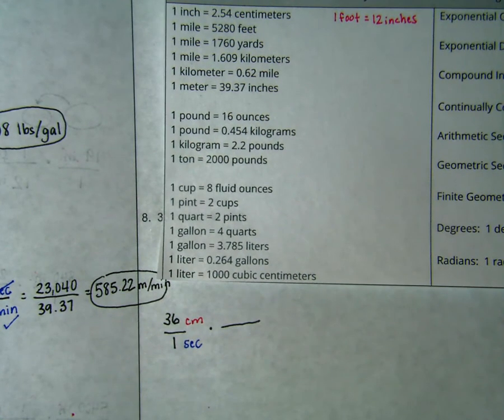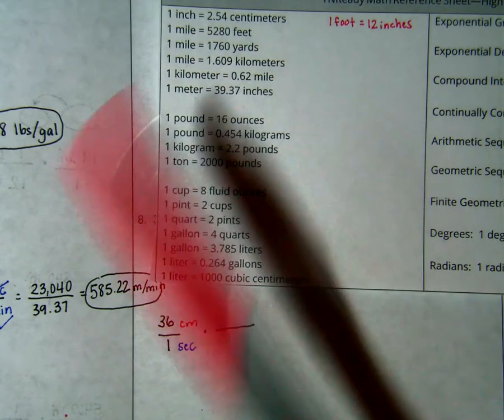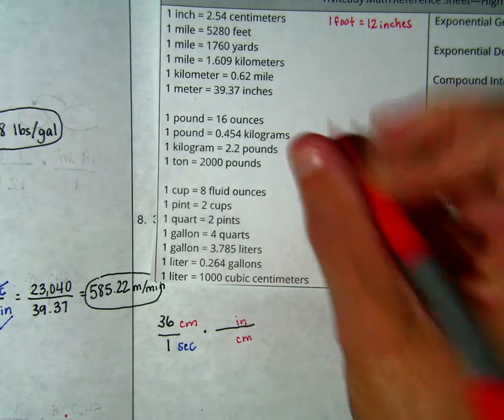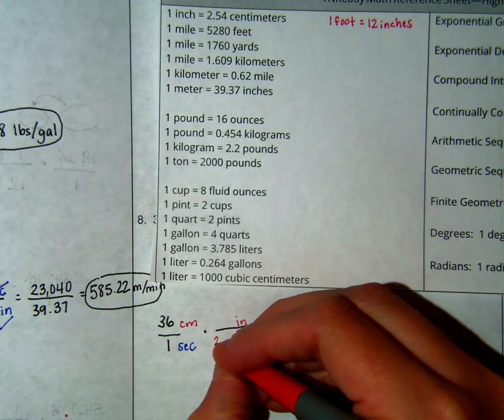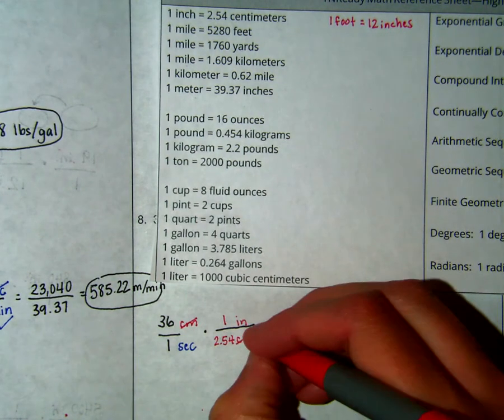I can go centimeters to inches, inches to feet, feet to miles. So centimeter, inches. 2.54 and 1. I'm going to cross out centimeters.